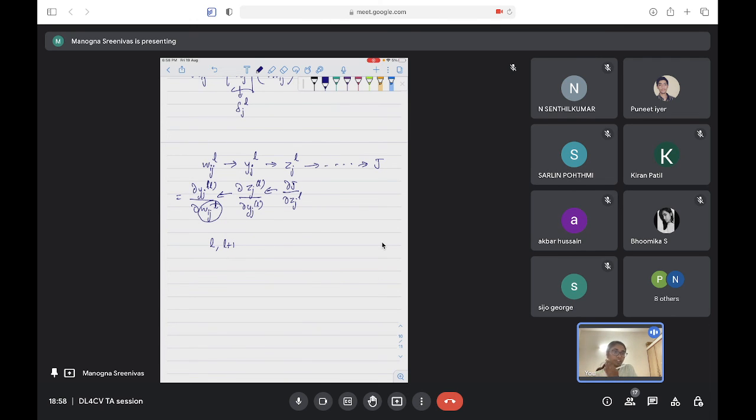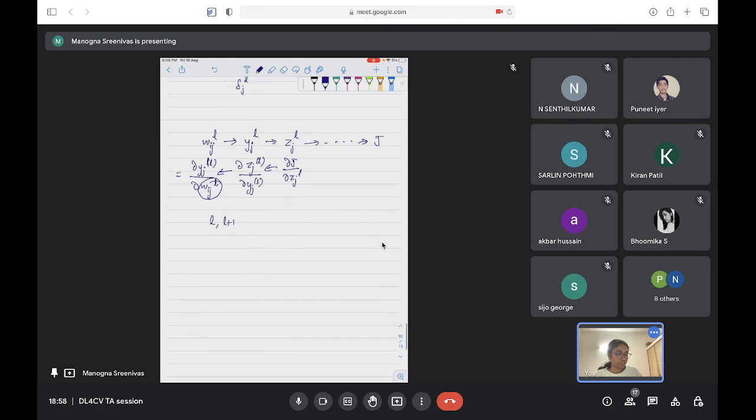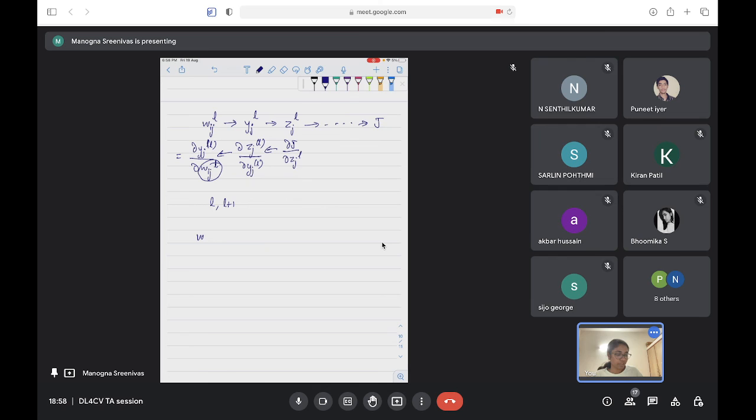In the forward pass, I go from first to second and so on to the end, and compute my error based on my cost function, and see how it affects each of my weights, and through the chain rule of differentiation I update the weights. So I update it using gradient descent.